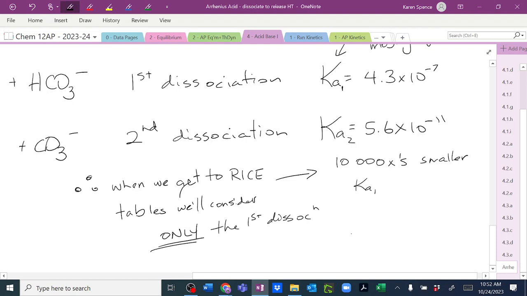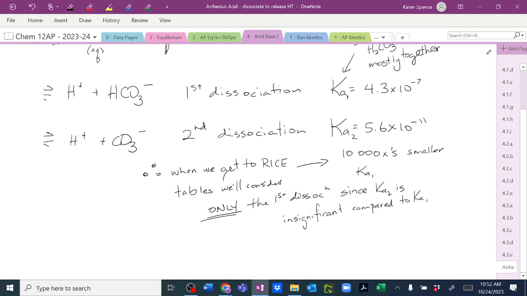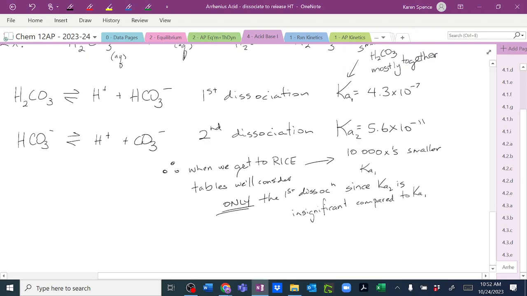It's just so insignificant. This should be a 2 minus.